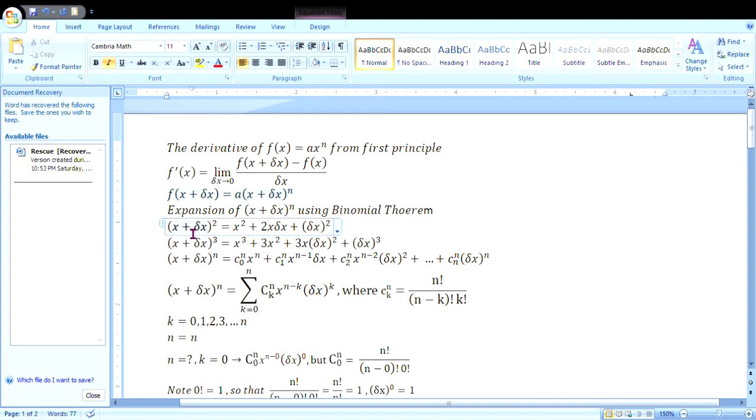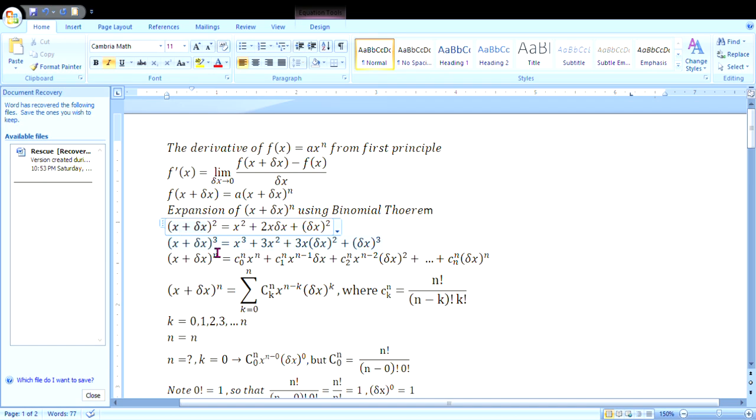Then the highest power there is always the given n. So here we see that n is 2, so that x is x raised to power 2. Similarly, the highest power of delta x must also be 2 in this expression. You can see that for x plus delta x raised to the power of 3.